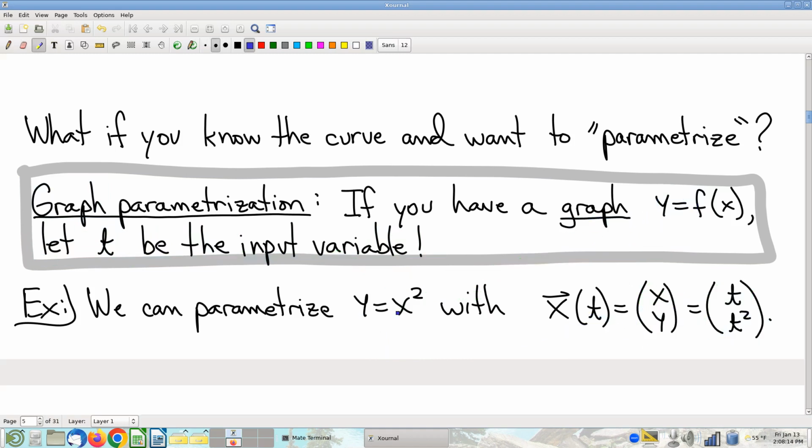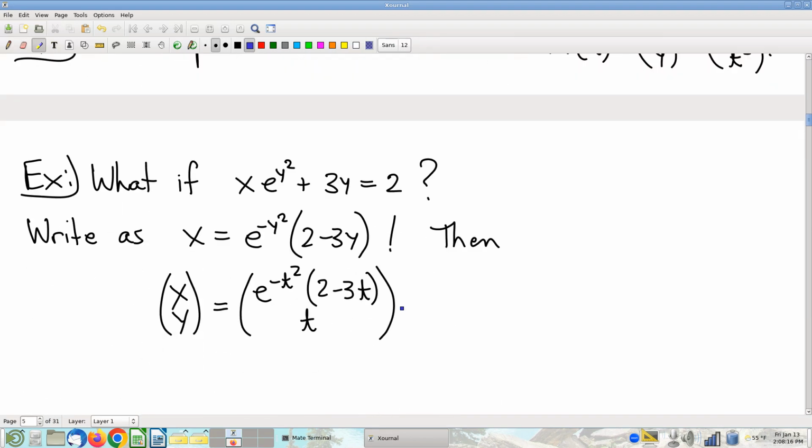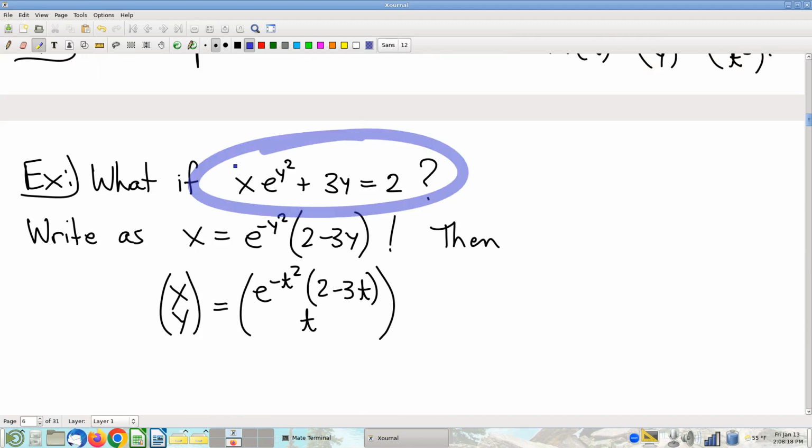Here's another example. This one's a little trickier. This does not look at a glance to be a graph. And you can try to solve for y, as alphabetically we tend to do, but you're going to get in trouble if you try to solve for y. You can't. This is transcendental in y, and you cannot analytically solve for y.